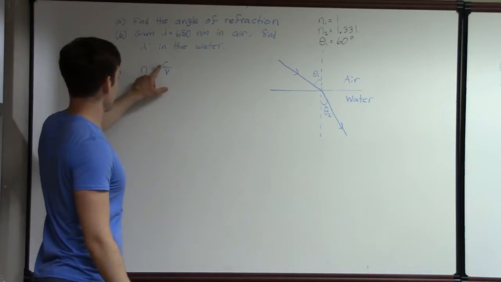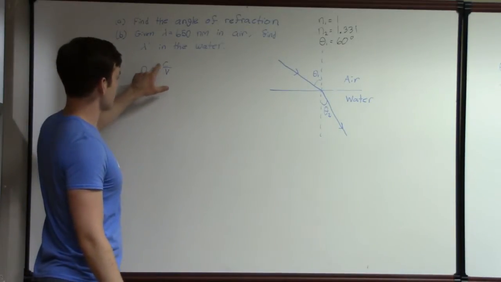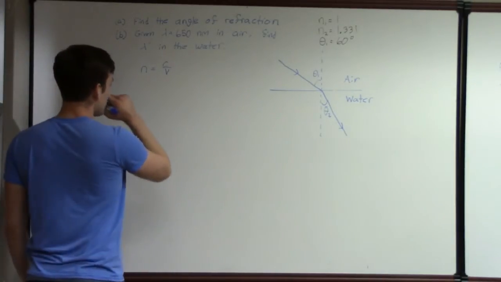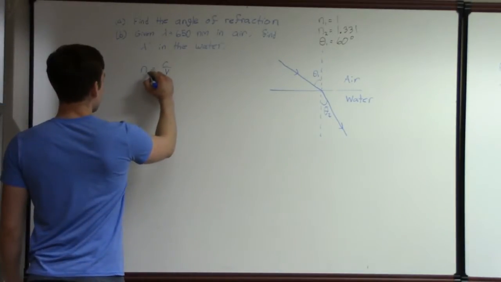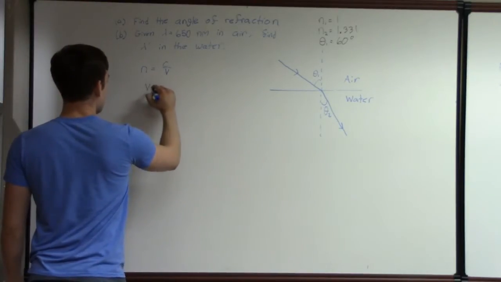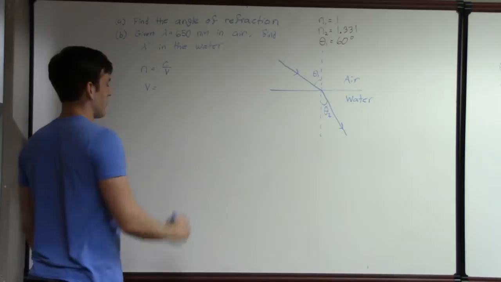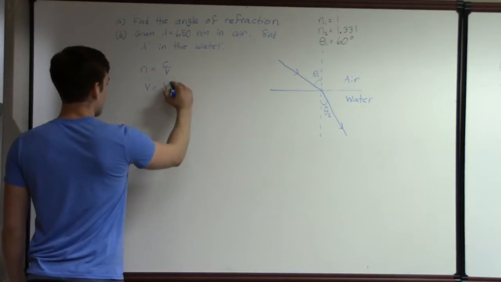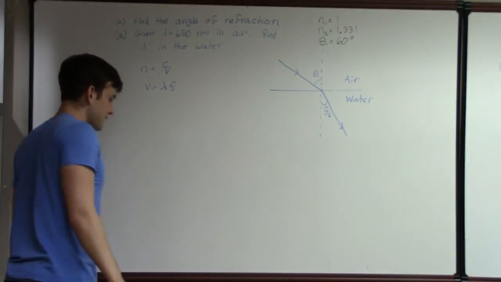That's the speed of light in a vacuum over the speed of light in the medium. And we know that V, the speed of light, is going to be equal to the wavelength of light times its frequency.